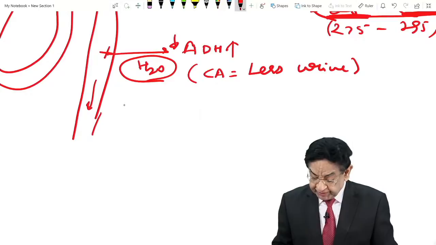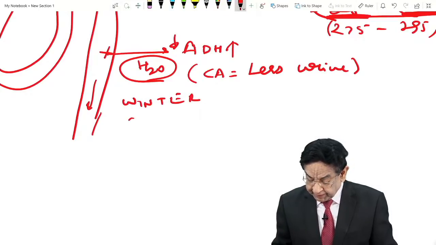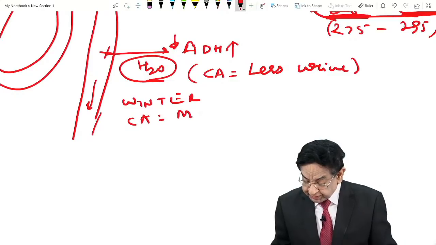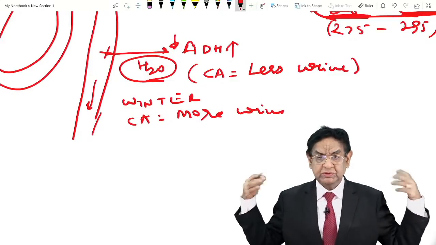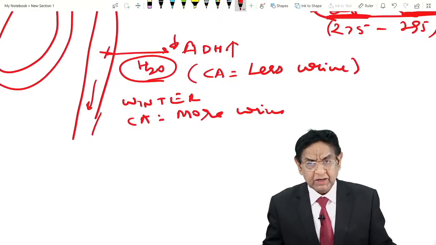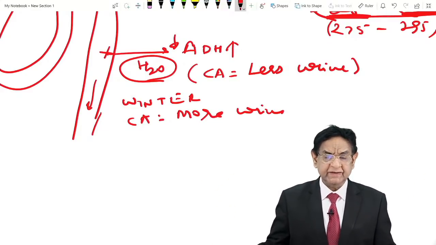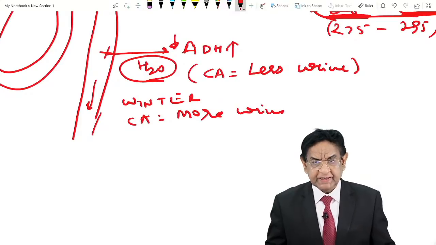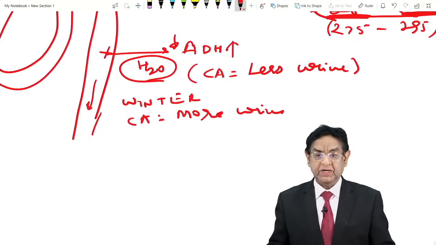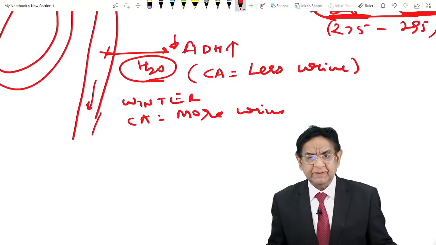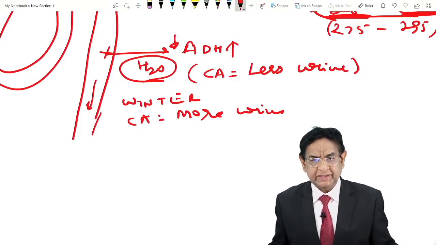That's why in winters we tend to pass more urine, because in summer we were losing large amounts of water from the skin because of heat, but in winter we are not, so now there is less ADH and water goes out. It's quite common in places like North India.